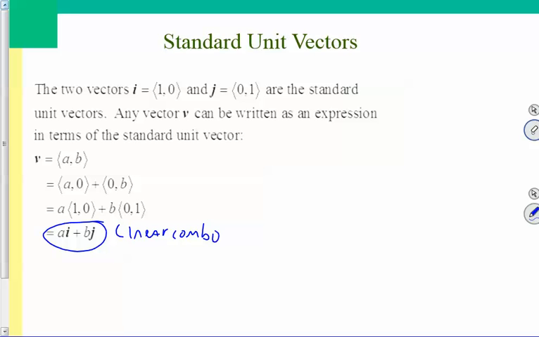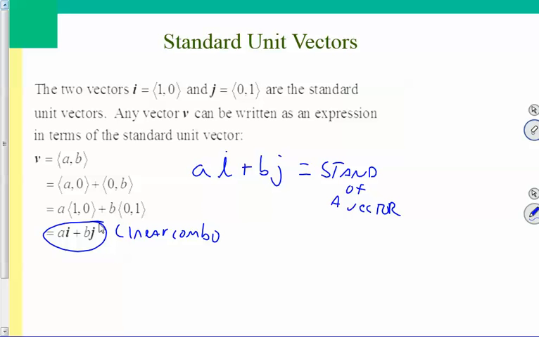So this is a linear combo, and ai plus bj is the standard form of a vector.